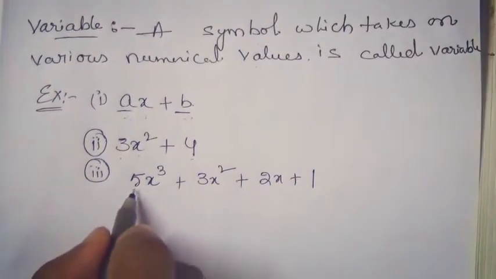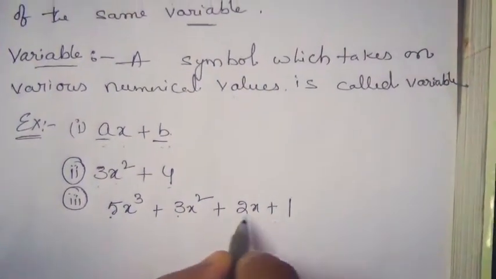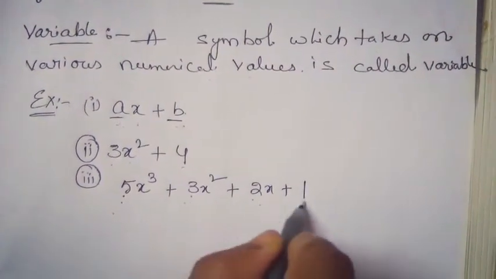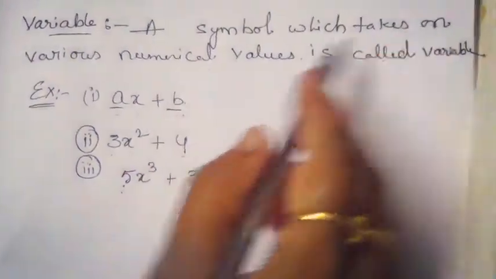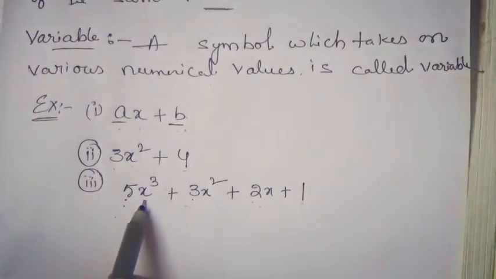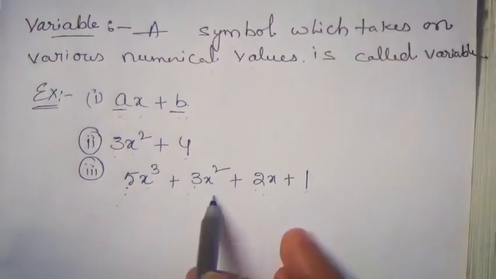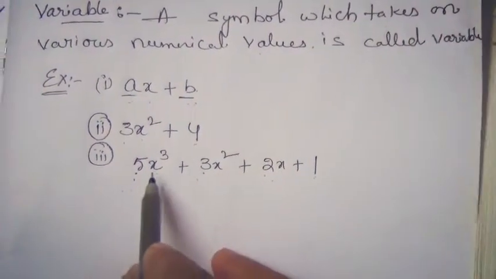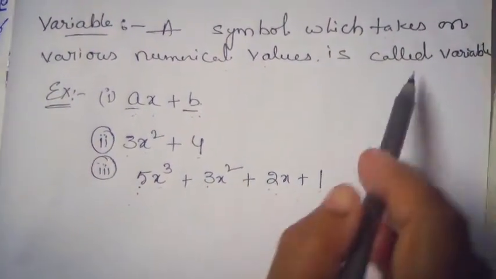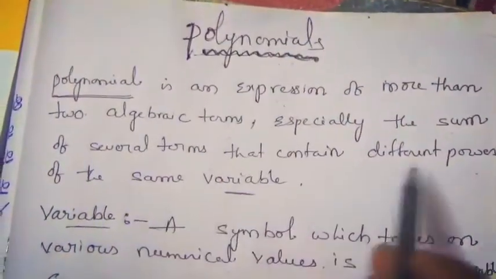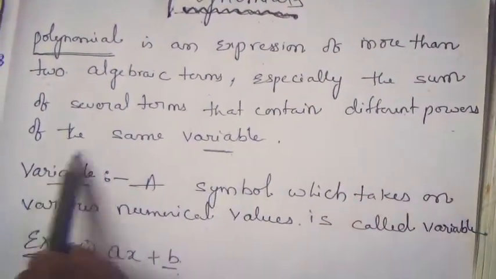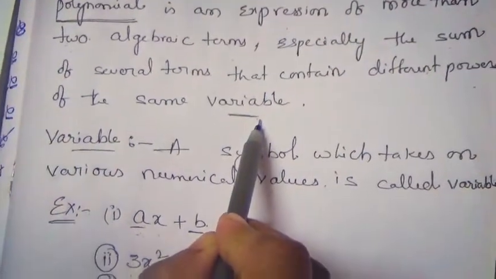Here 5, 3, 2, 1 are all numerical values, and the symbol is x cube, x square, x to the power of 1. In the definition of polynomial we have the same variable, with different powers of the same variable.